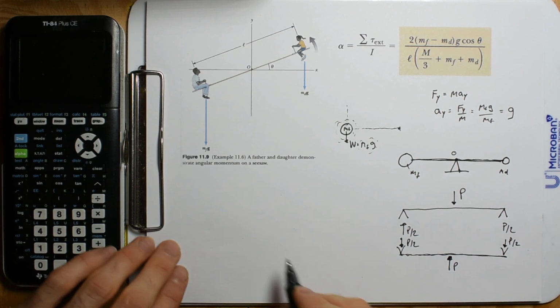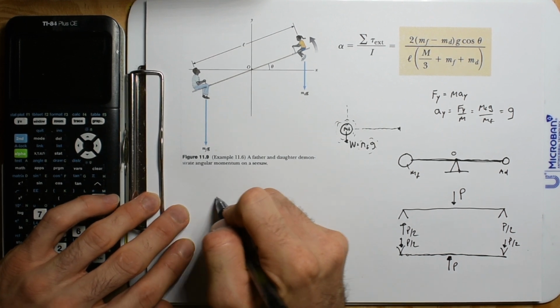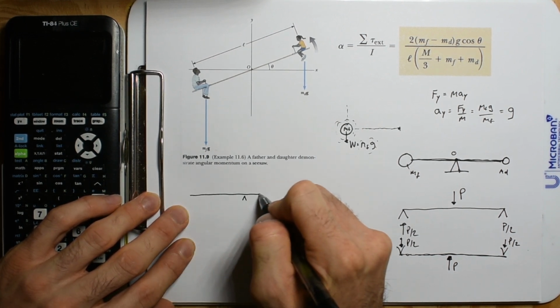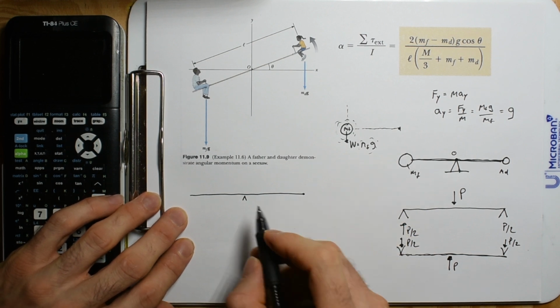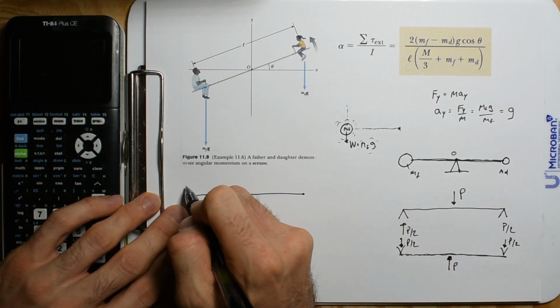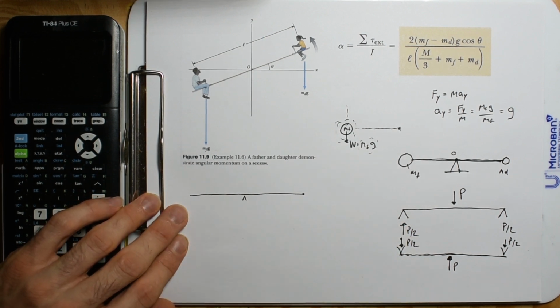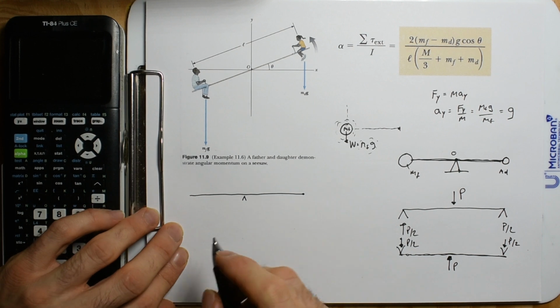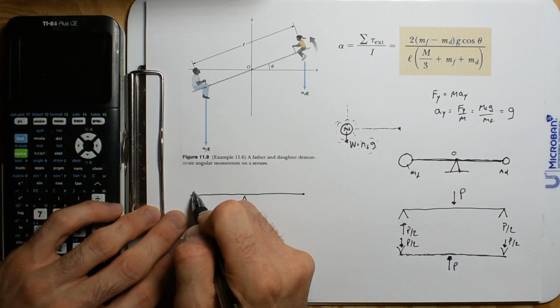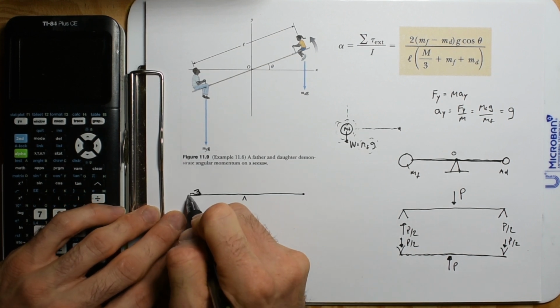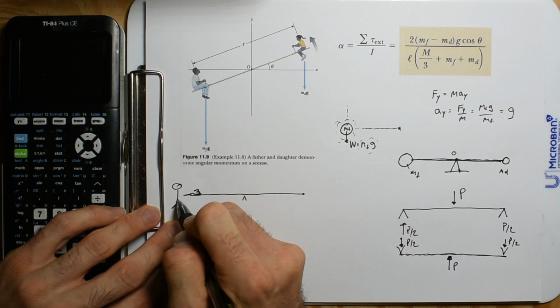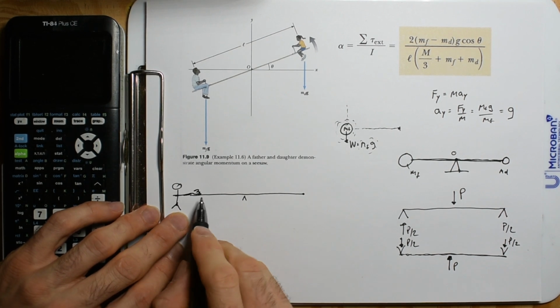So now let's do the scenario where it's unbalanced. We have the middle of the teeter-totter, and let's put your hand on this side, and you have to push down on this.